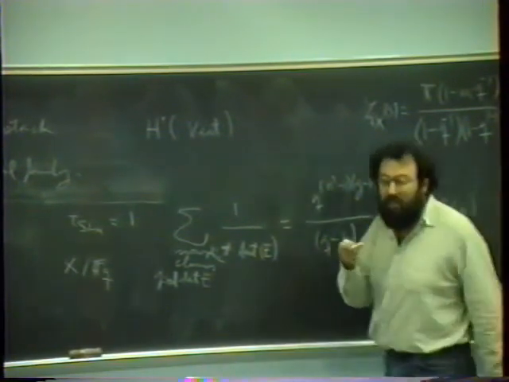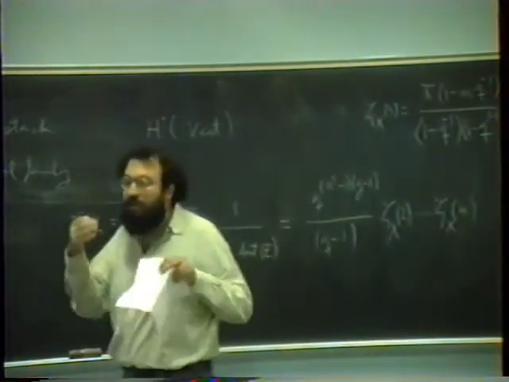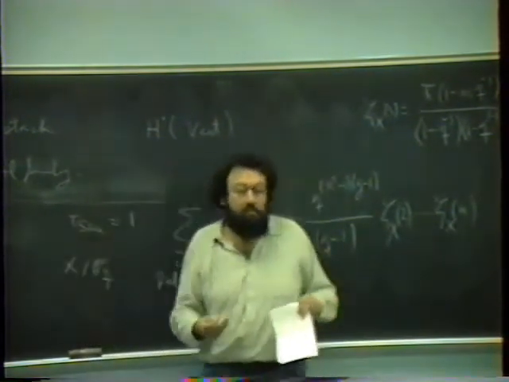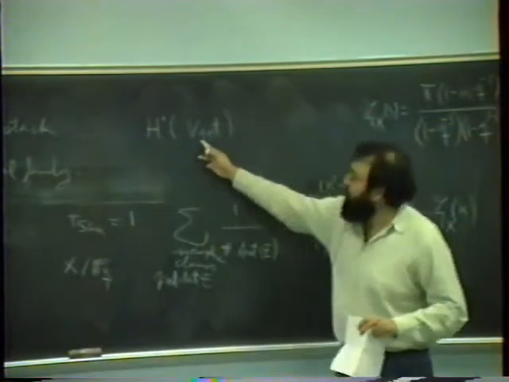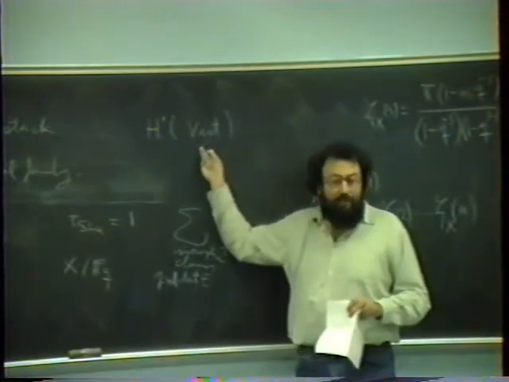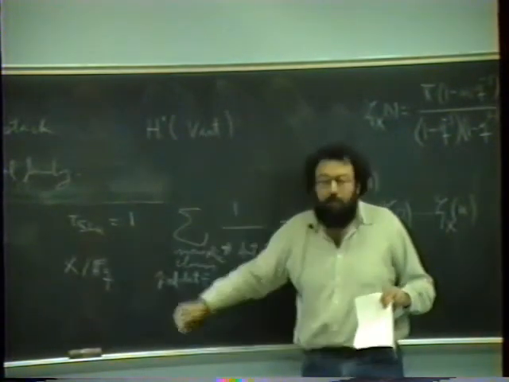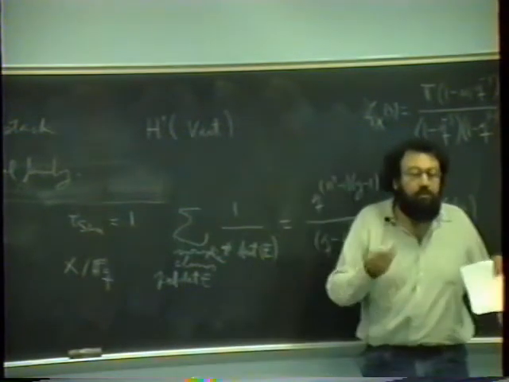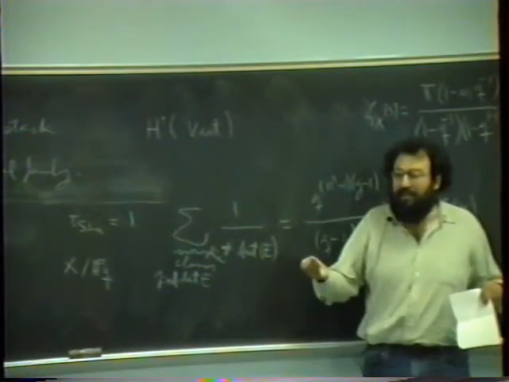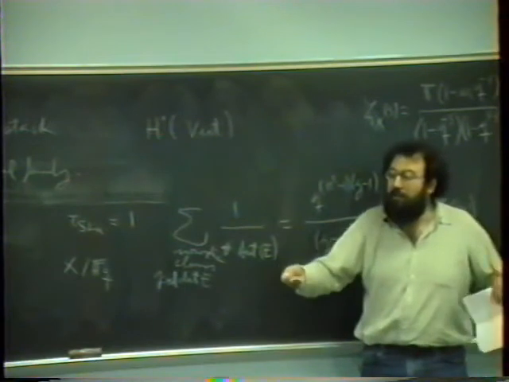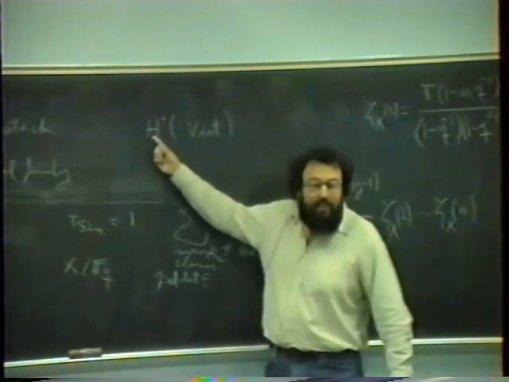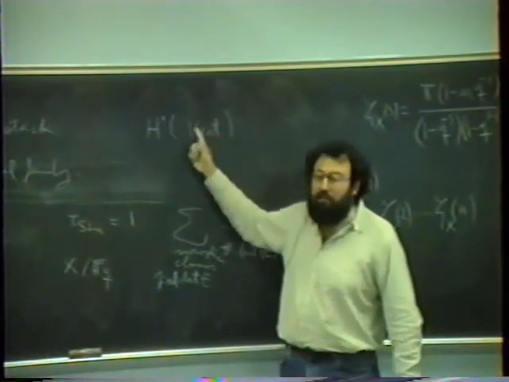And this extra structure contains a lot of arithmetic information. So for instance, if this were an algebraic variety over the finite field, we would be able to deduce the number of rational points over the finite field out of looking at the trace of Frobenius acting on this algebra.